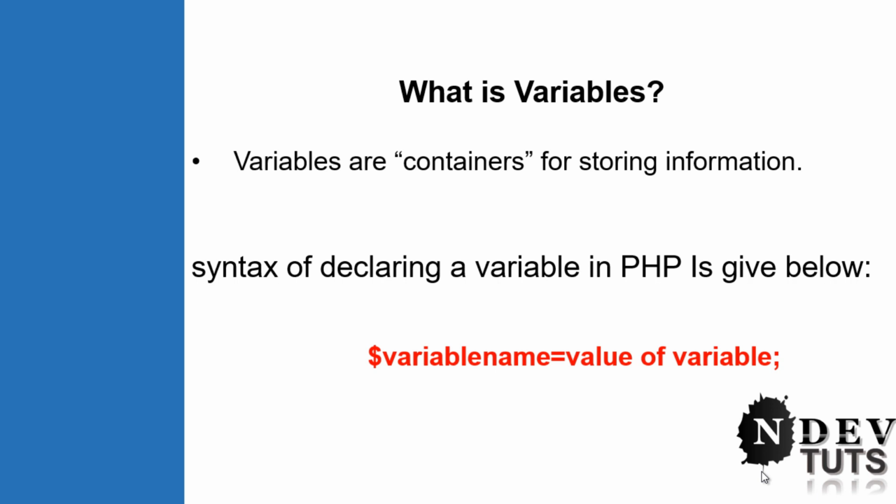The dollar sign is not technically part of the variable name, but it is required as the first character for the PHP parser to recognize the variable as such. After declaring a variable, it can be reused throughout the code. A variable can have a short name like x and y or a more descriptive name like age, car_name, total_volume, etc.